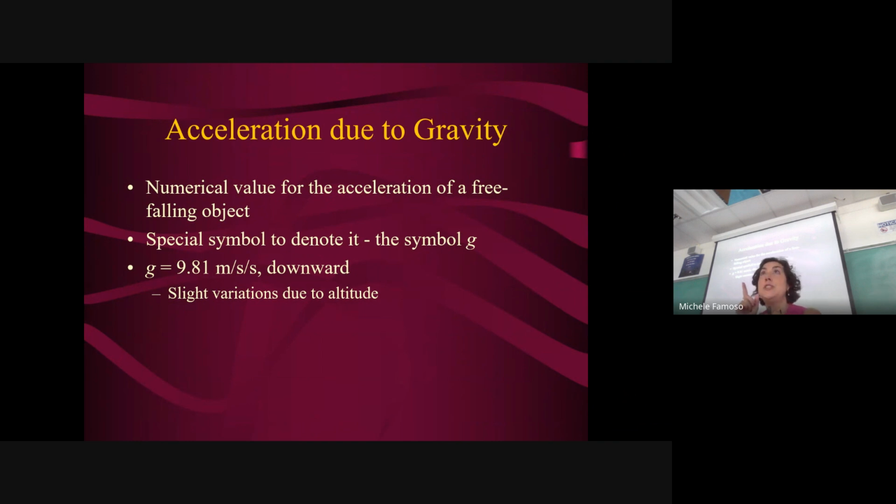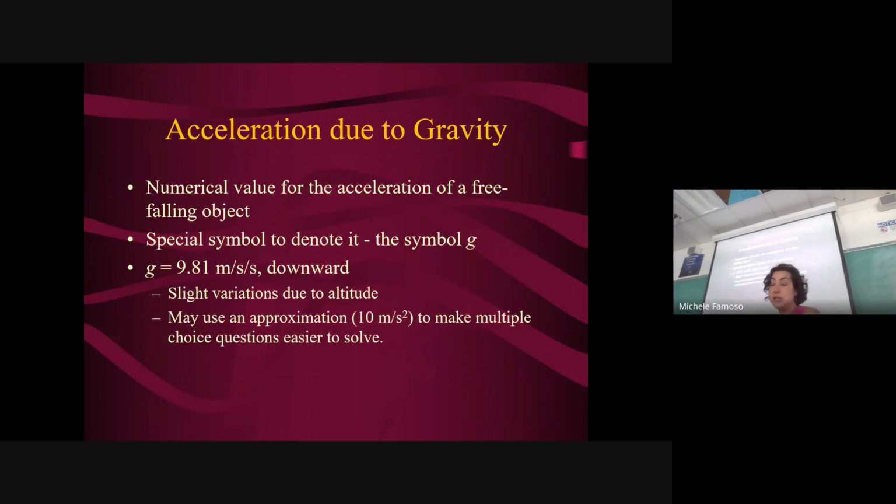If you were to go to Denver, Colorado, I think is 2,000 feet above sea level, that's not the value there. It's about 9.78, I think is what it is. If you were to go to New Orleans, Louisiana, that's below sea level. It's probably like 9.82. So we do see small variations in this based upon our altitude. It's all based on our distance away from the center of the Earth.